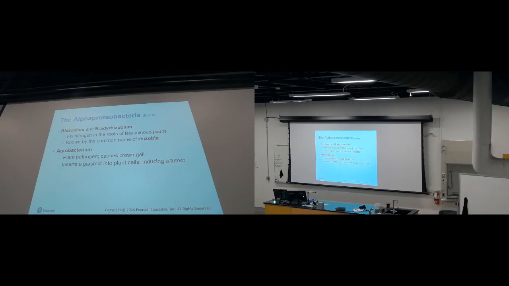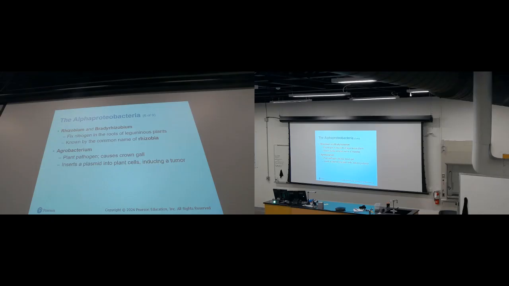Another member of alpha Proteobacteria, but in this case it's a pathogen, we have Agrobacterium that causes crown gall. You already saw that. This one inserts a plasmid into the plant cells, inducing a tumor. How is it going to induce the tumor? Well, this plasmid can insert its DNA into the plant cell DNA, and it can prevent the plant from stopping cell cycle division.